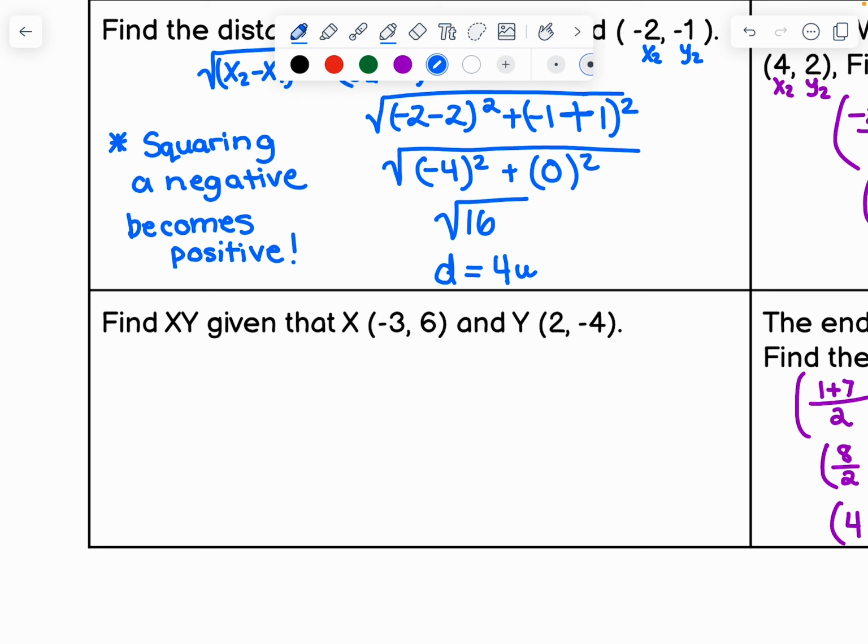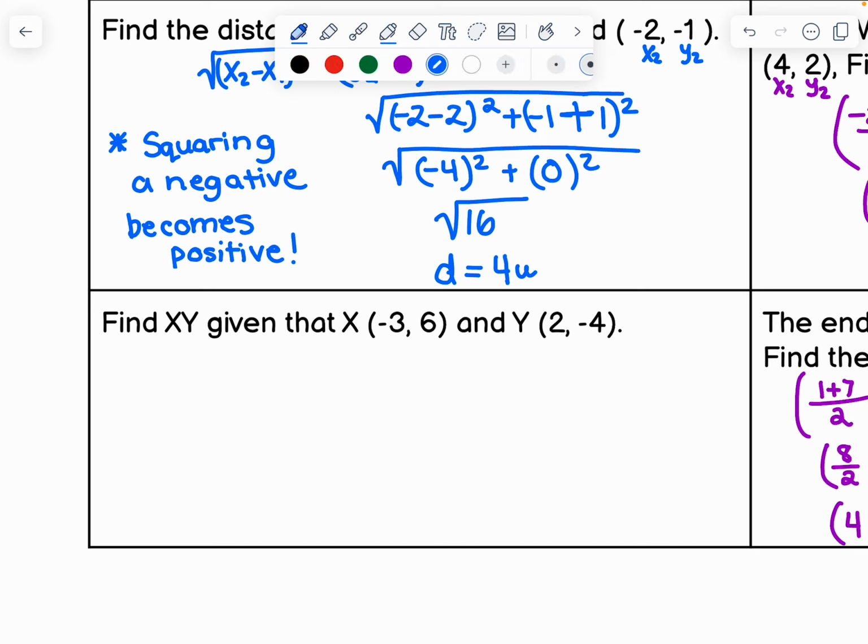All right. Now, find XY. So here we have XY without a bar. That means they want to know how long XY is, given that X is at (-3, 6) and Y is at (2, -4). If we want to know how long a segment is, that means we want to know the distance between the endpoints. That's going to tell us the length of that segment.